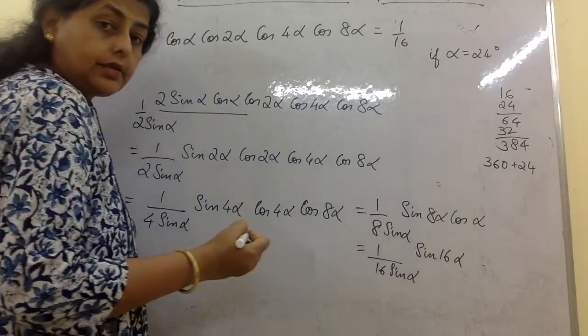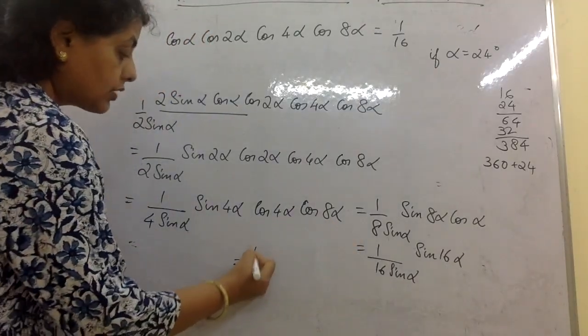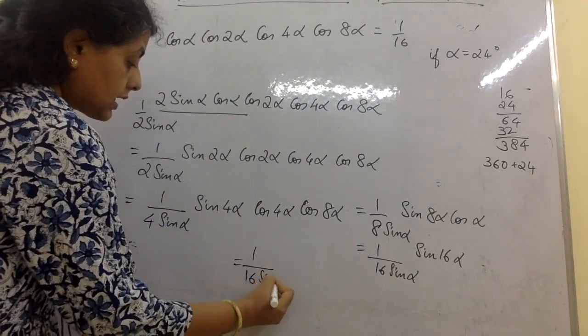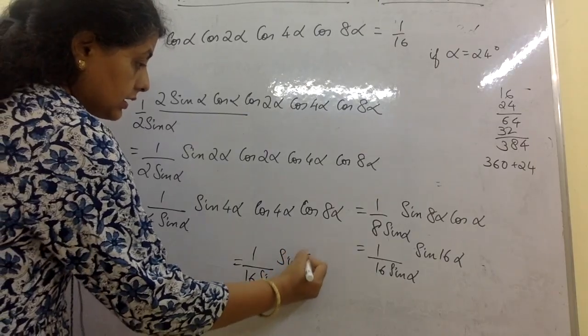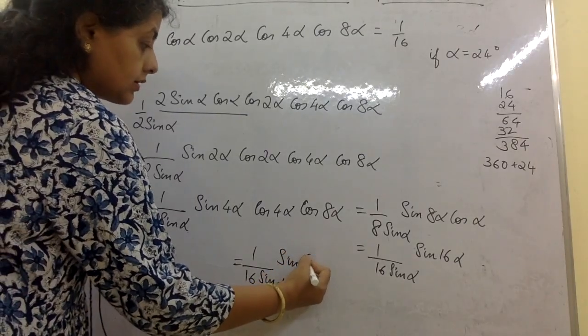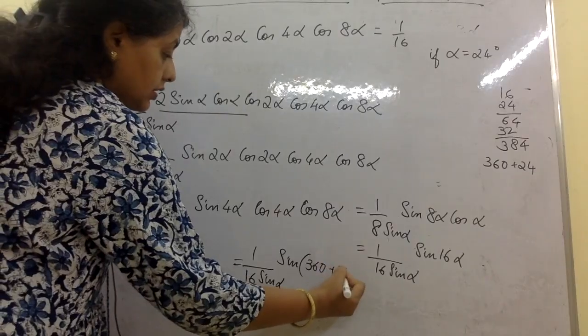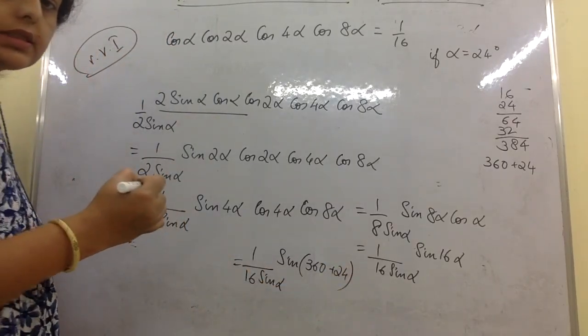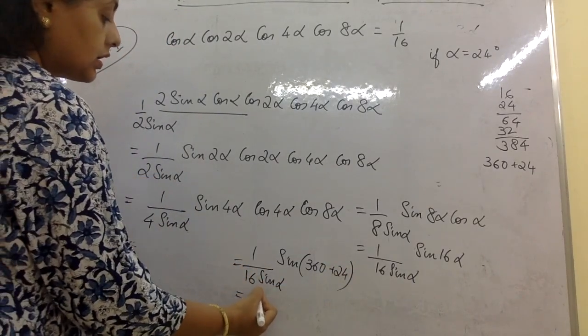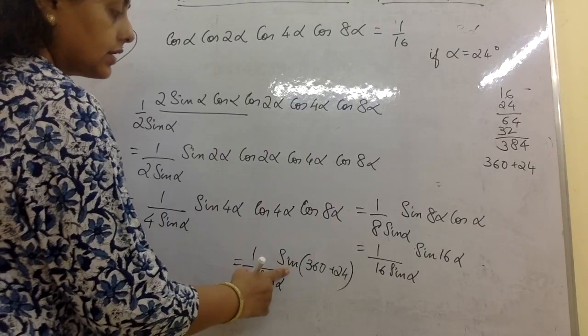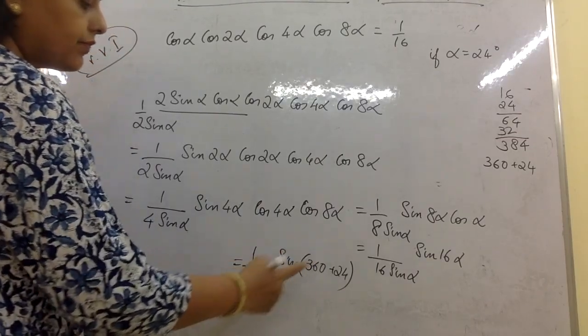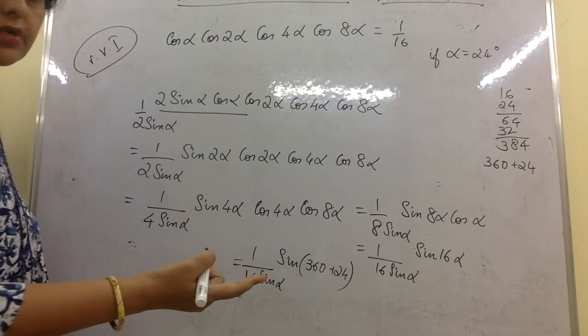So I can write here, now I can write 1 by 16 sine 360 plus 24, which is 1 by 16, sine 24 again.